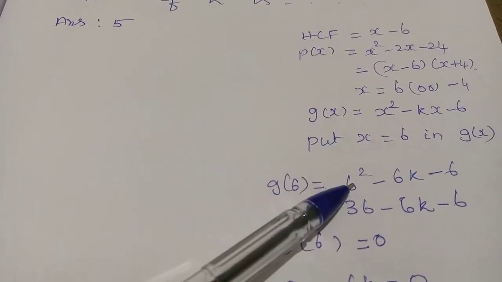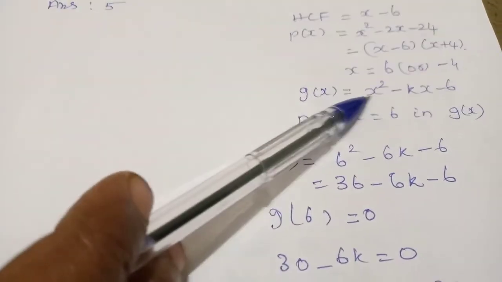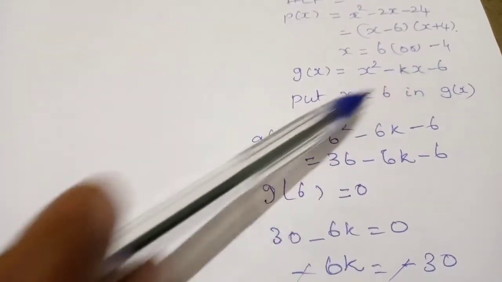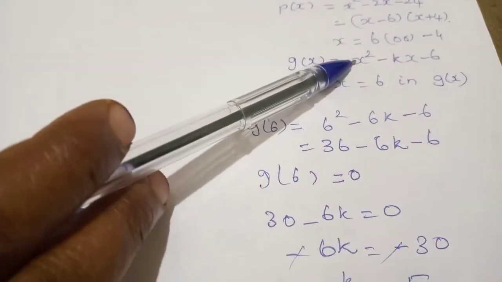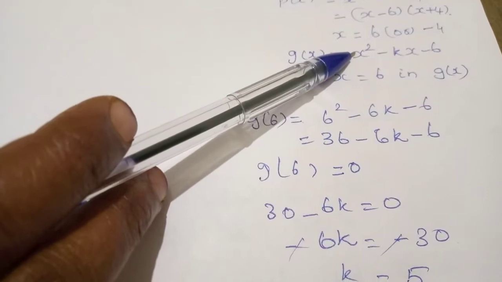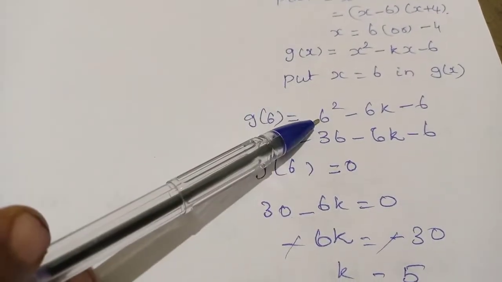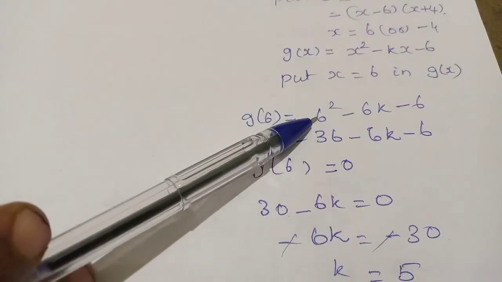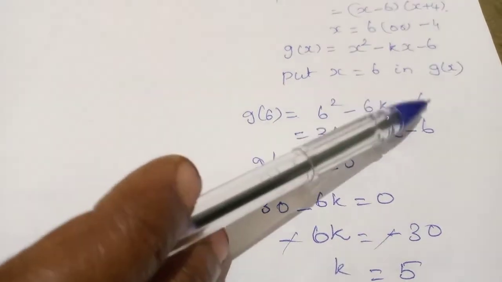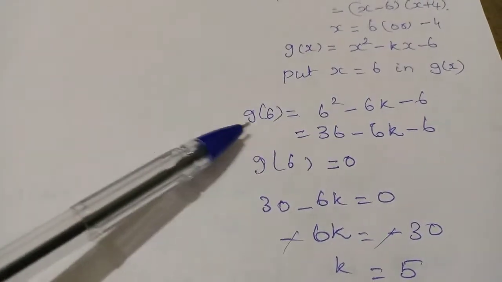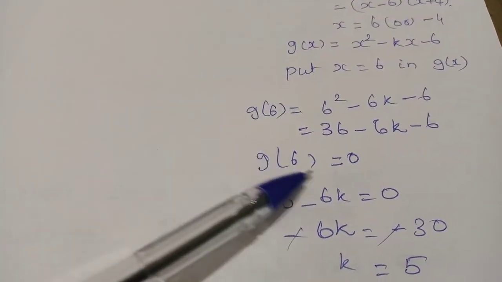That is, g of 6 is x square minus kx minus 6, so applying x equal to 6, we get 6 square minus 6k minus 6.